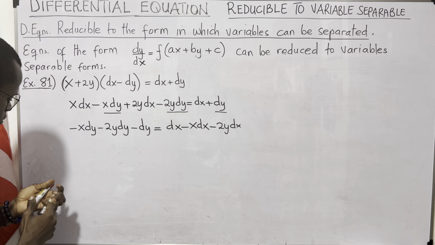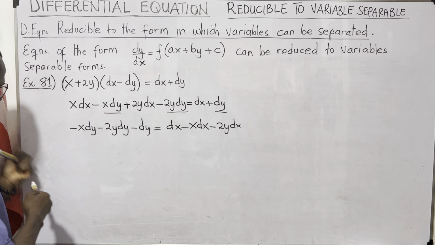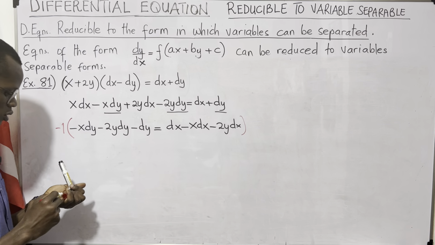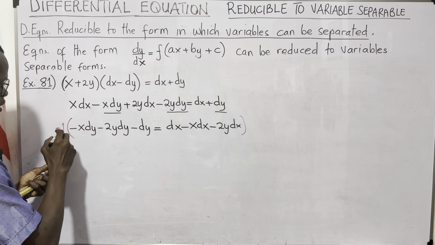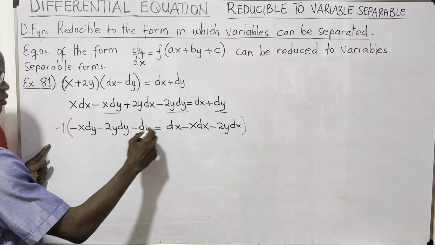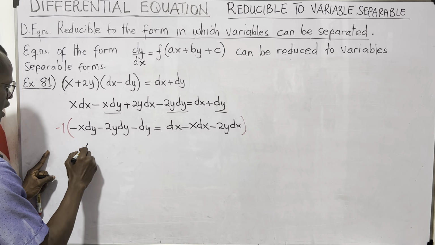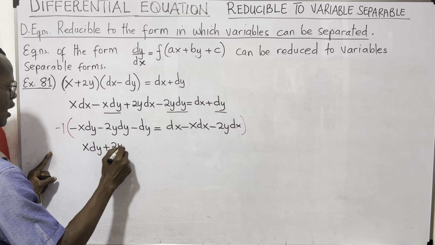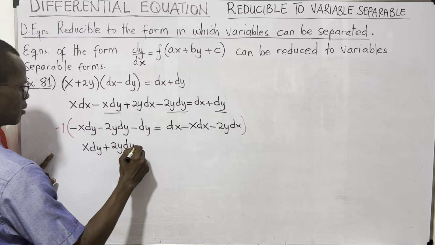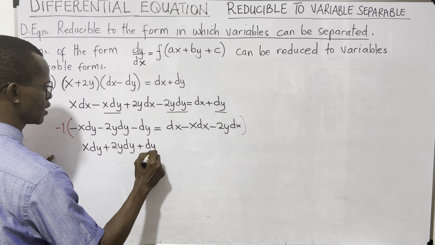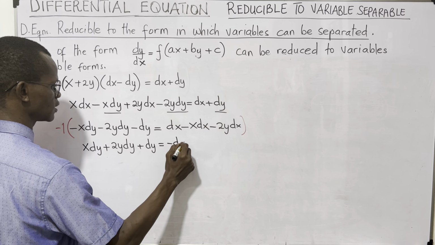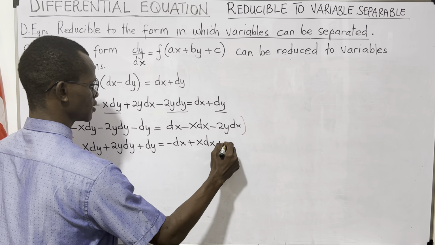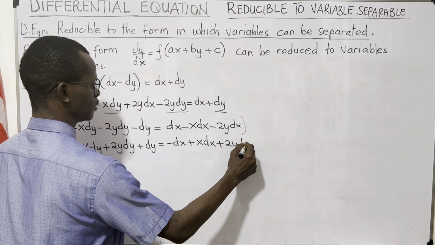Because of the too many negatives, we can multiply all sides by minus 1. If each term is multiplied by a negative, we have x dy plus 2y dy plus dy equals negative dx plus x dx plus 2y dx.